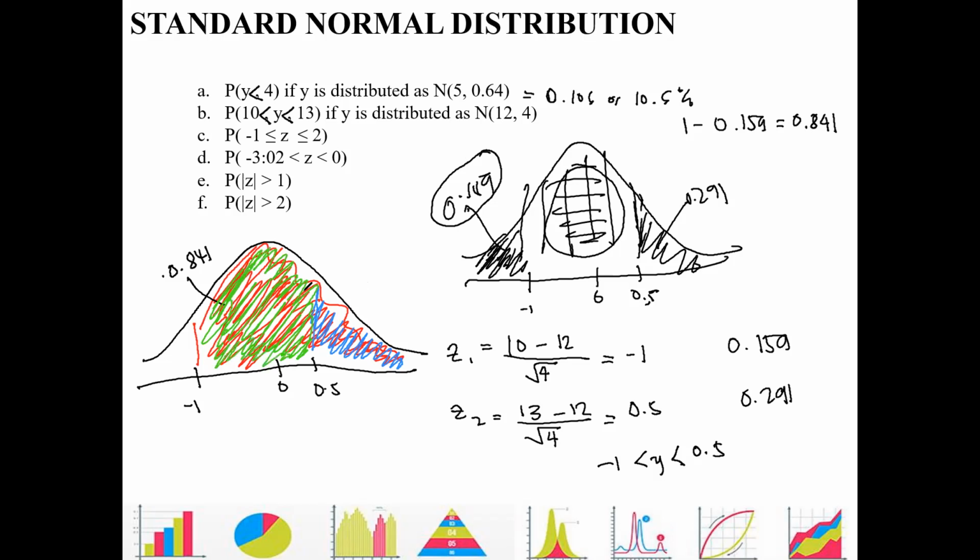Makikita nyo yung red from negative 1 hanggang dulo. Yung 0.5 is from 0.5 up to dulo. Pero ang kailangan natin is yung in between negative 1 and 0.5. So paano natin makukuha yung value na yon? Yung kulay green na portion. Using the data 0.841 and 0.291.